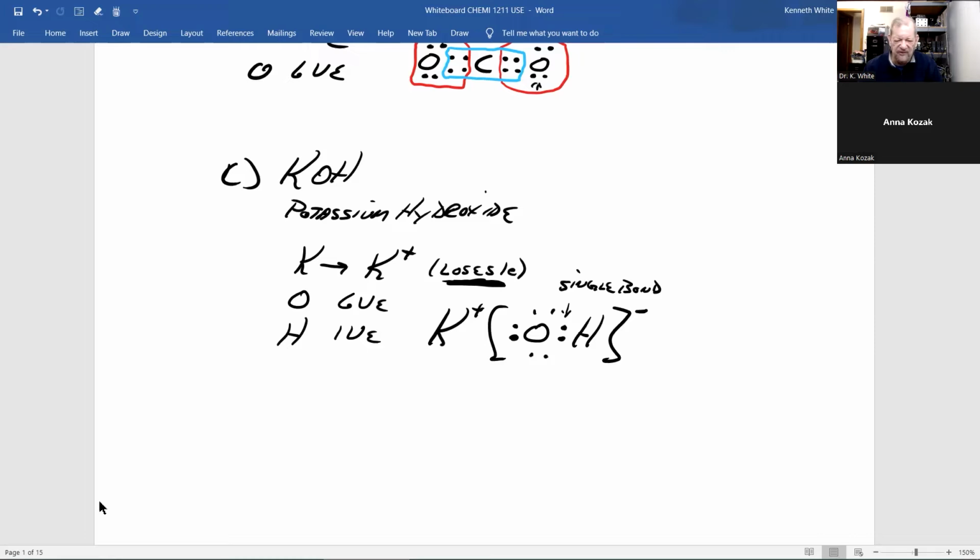And this is called the hydroxide ion. And there's an ionic bond between the potassium and the oxygen, and there's a covalent bond between the oxygen and hydrogen. All right, that's what I wanted to go over.